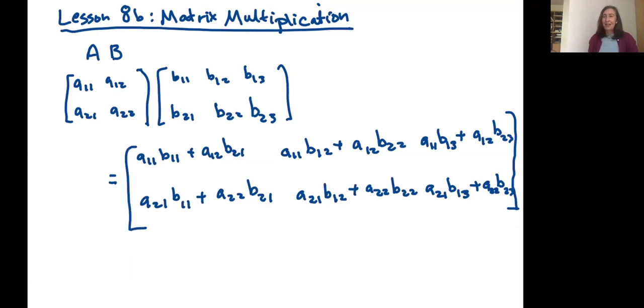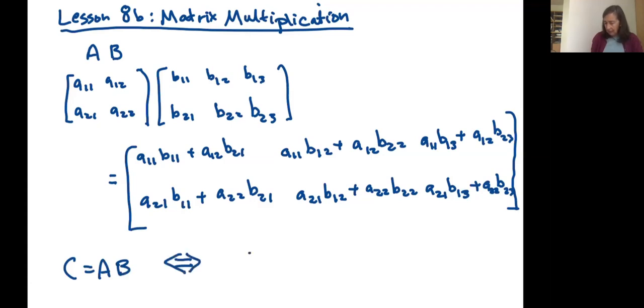Okay. So the ijth element of the product is the ith row of the lead times the jth column of the lag. And if we want to write that out in a more compact form, we can say that matrix C is the product of A and B, the matrix multiplication product.